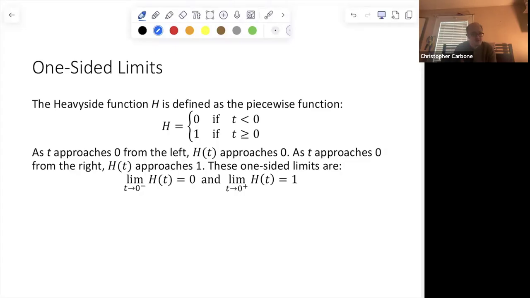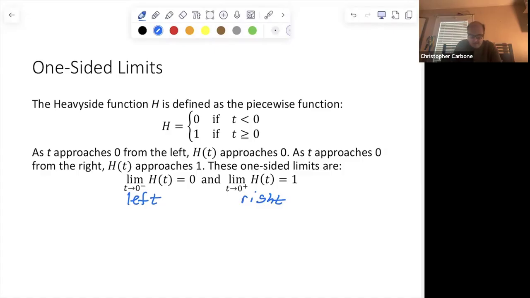So because of that, we have two different function values here based on the limit. The limit as t approaches 0 from the right of h of t is 1. Likewise, the limit as t approaches 0 from the left of h of t is equal to 0. That one being from the left. These don't equal, like the other example we did.